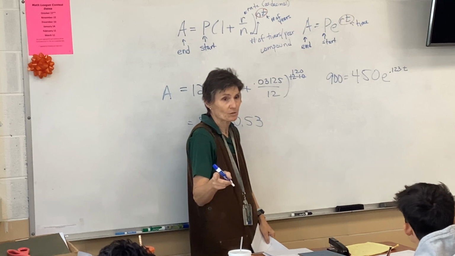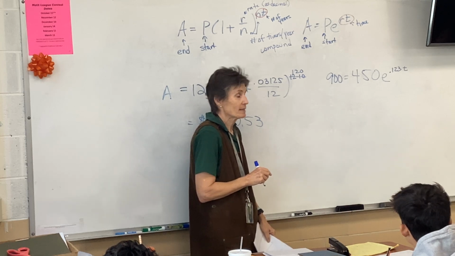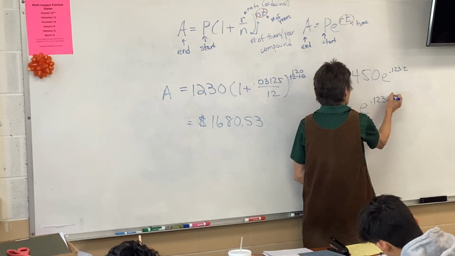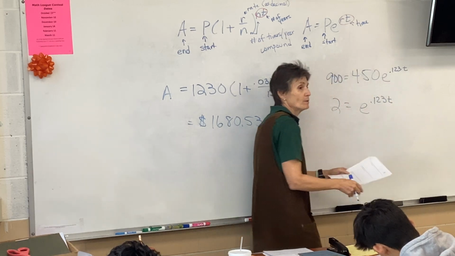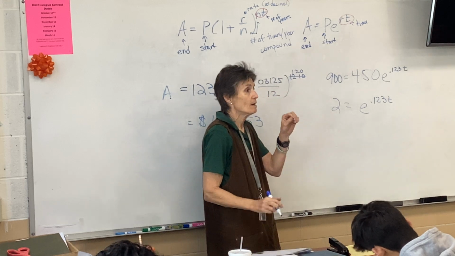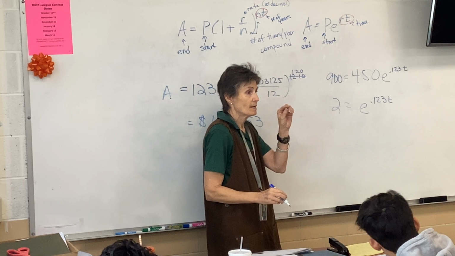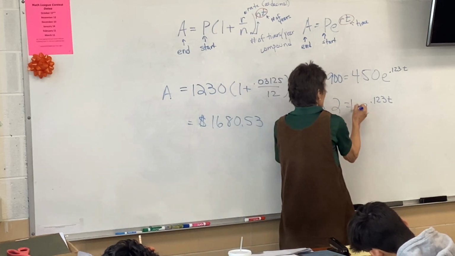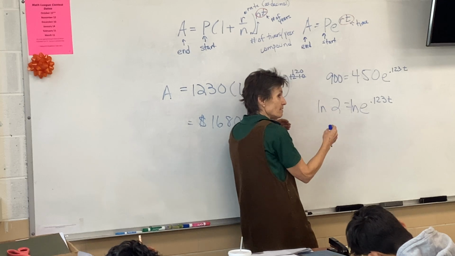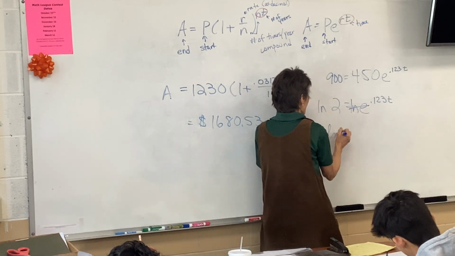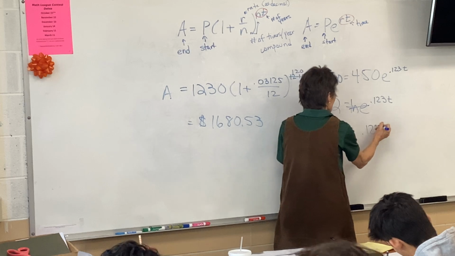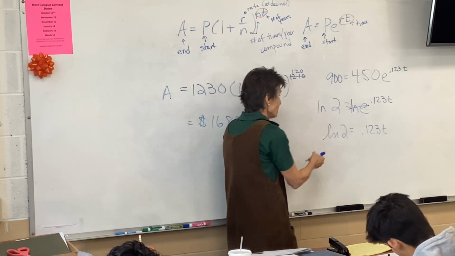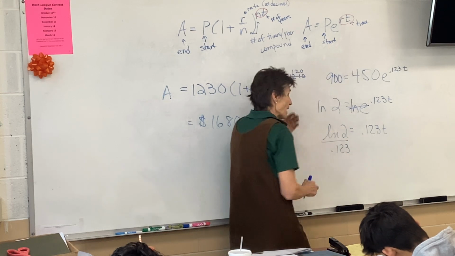This one's going to be faster without graphing, I think, because we're going to divide by 450. And then, notice, we're solving for an exponent, so we're going to need logarithms, but we'll use the ln, because there's an e in there. As soon as we put that ln, that's gone. So we have ln 2 equal to 0.123t. And then we just divide, and that's going to be your answer.